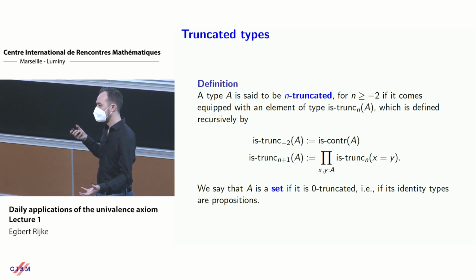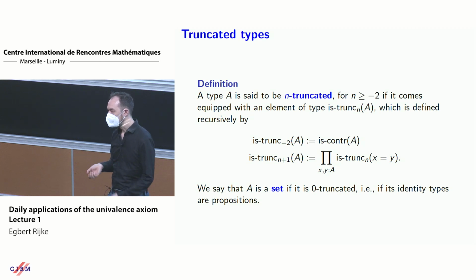Then there's a layer of logic at level -1 that contains all the propositions. You can do universal and existential quantification there and so on. You can do all of logic. Then level 0, ground level, is the level of sets. That's where we do most of our mathematics.